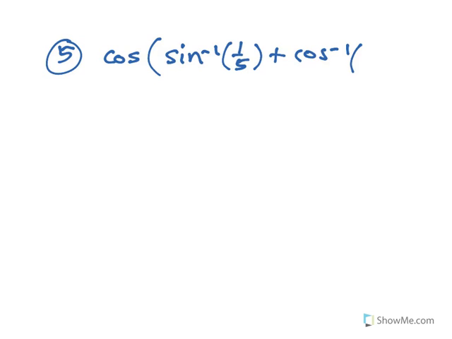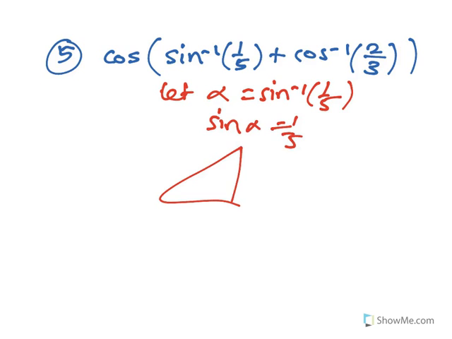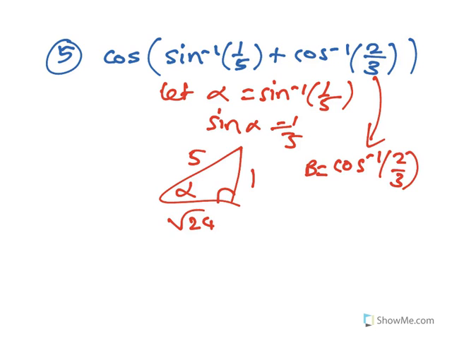Okay, so let's go cos of sine the minus 1 of 1 on 5 plus cos the minus 1 of 2 on 3. If we let alpha equal sine the minus 1 of 1 on 5, then sine alpha is 1 on 5, so the adjacent will be root 24 by Pythagoras. And cos the minus 1 of 2 on 3, we'll let that be beta.